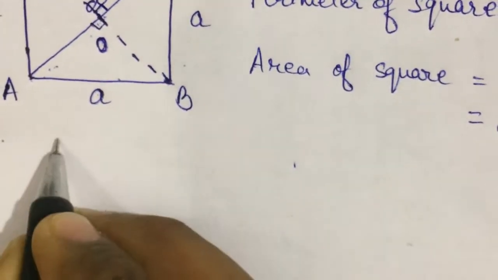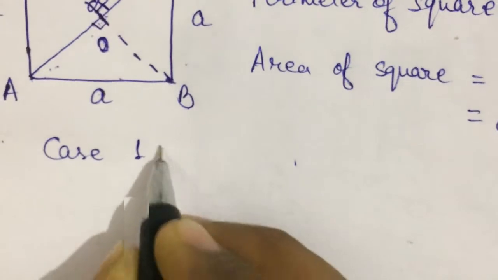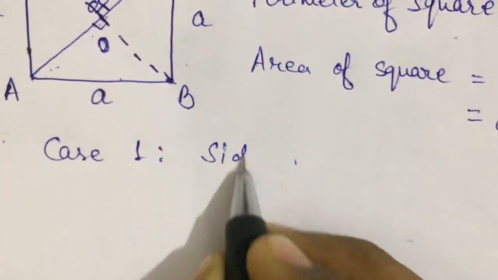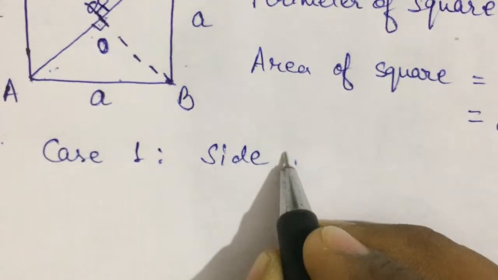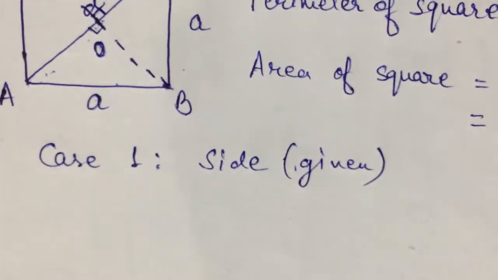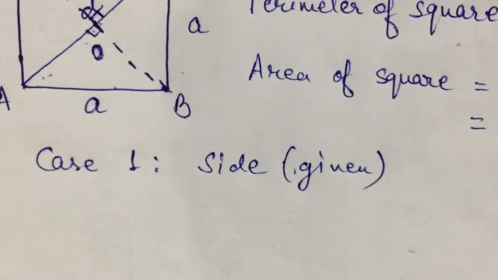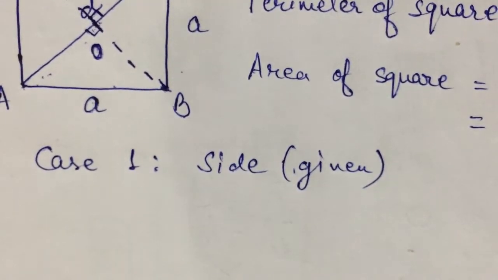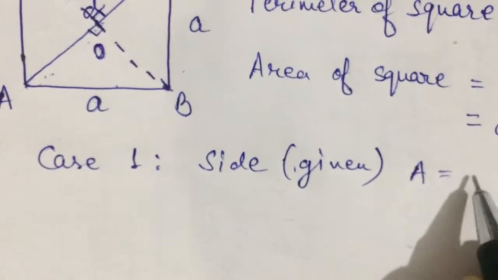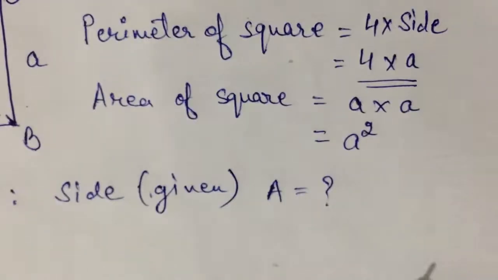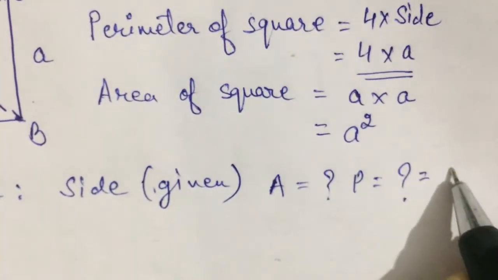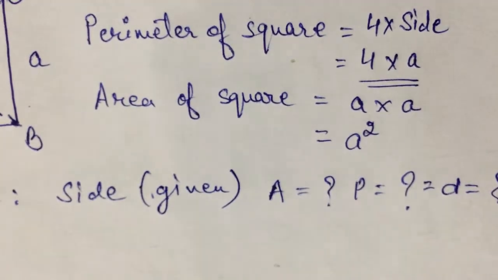So there is case 1. What is case 1? In case 1, they may give you the sides. Sides are given. If sides are given, then they may ask you to calculate the area, the perimeter, and the diagonal.